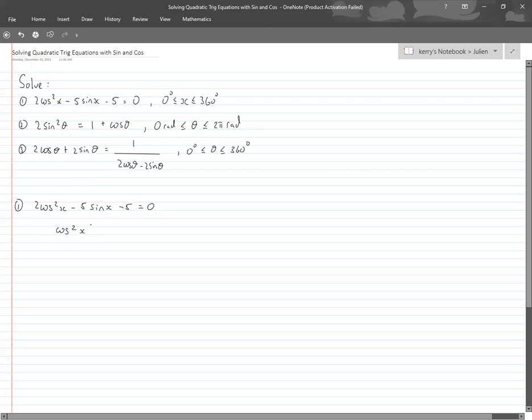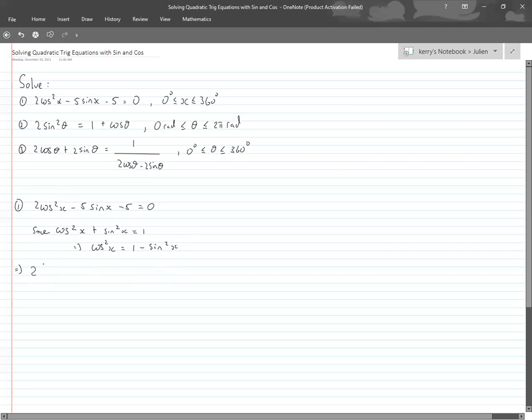So if we know cos squared x plus sine squared x is equal to 1, this will tell us cos squared x is equal to 1 minus sine squared x. So where we have cos squared x, we can replace it with 1 minus sine squared x. So let's do that here.